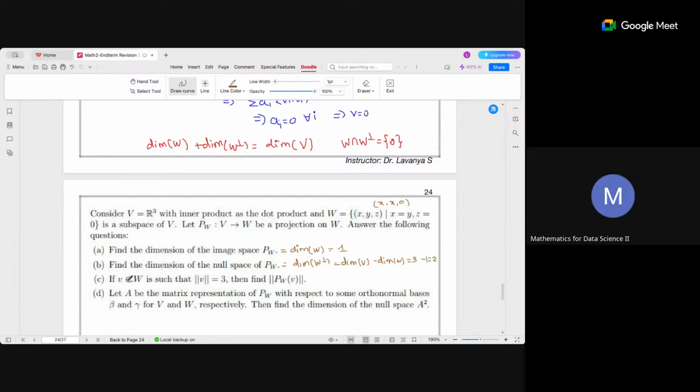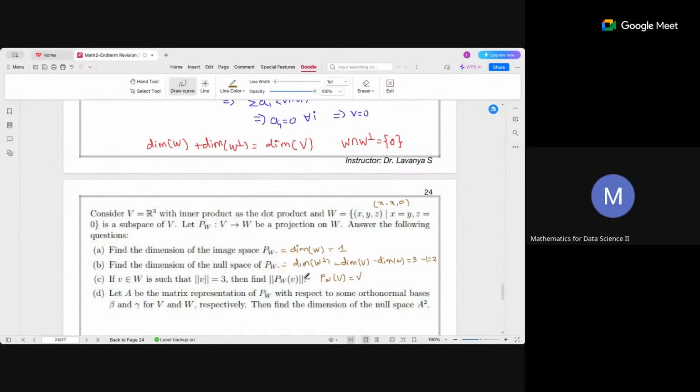Okay, fine. If v belongs to W such that norm v is equal to 3, then find the norm of P_W of v. Now v is in W, so what do you know about the projection of v? It is in the same space and it is projected again on W, so it should be v only, right?